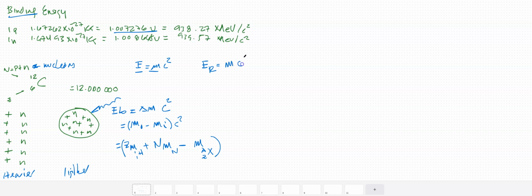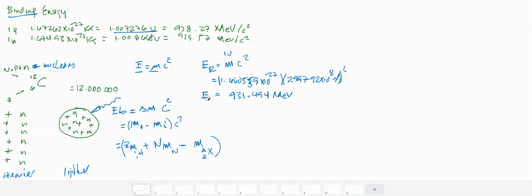The mass times c squared, where the mass of one atomic unit is 1.660539 times 10 to the minus 27 kilograms, and then this times the speed of light, 2.9979 times 10 to the 8, squared. Once you transform the joules into mega electron volts, there you go. This is the binding energy for one atomic unit.